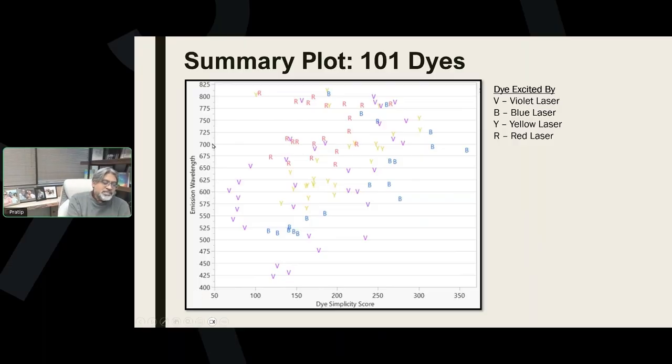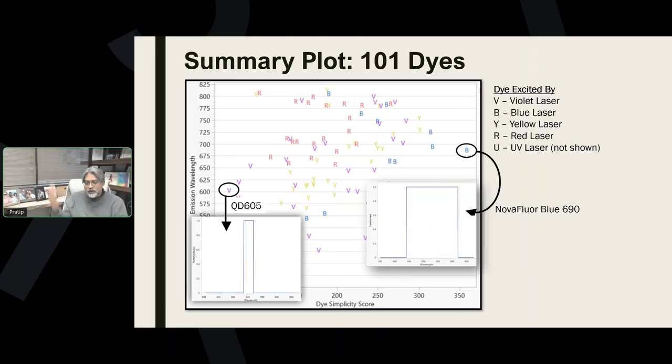So what we've got here is the emission wavelength of a particular dye. The letter indicates what laser it's excited by, and then the dye simplicity score is plotted on the x-axis. And this is a nice reference that you can start to use to build panels. This reference is instrument agnostic, and it's based completely off the dye spectra that we get, that are reference spectra that come from the people who make these dyes.